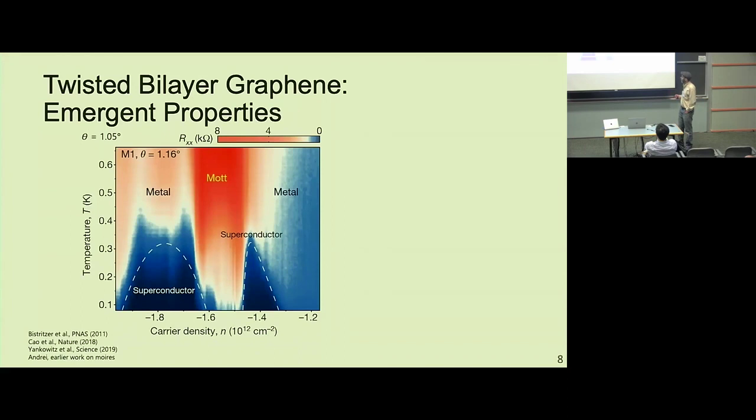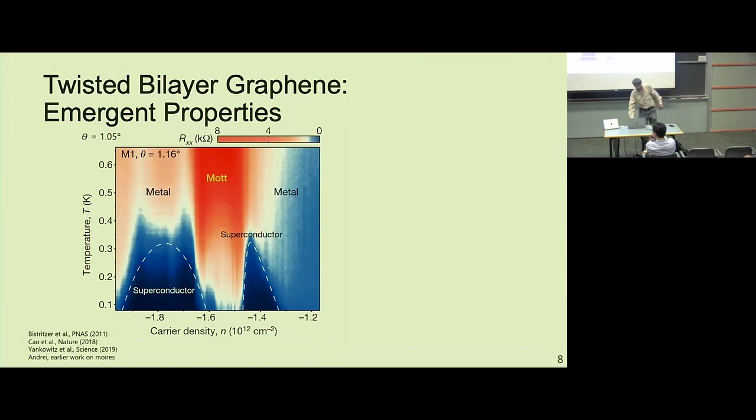as a culmination of a lot of work by a number of groups, notably Eva Andrei's group on twisted structures in van der Waals materials, in 2018, Pablo Jarillo-Herrero's group really supercharged this area by showing superconductivity in twisted bilayer graphene.